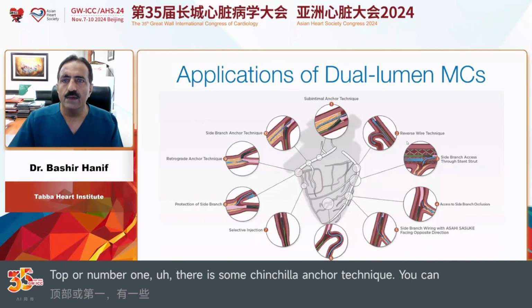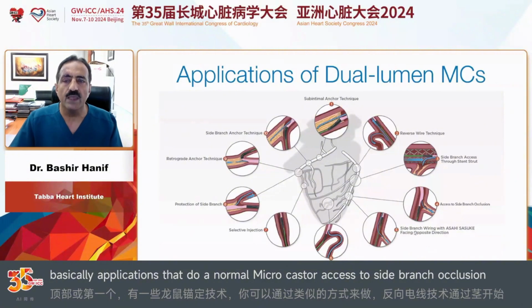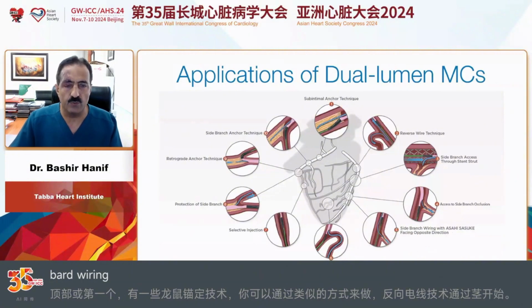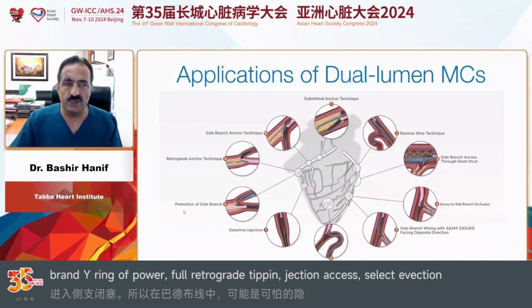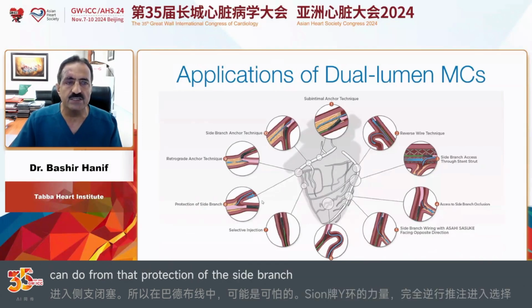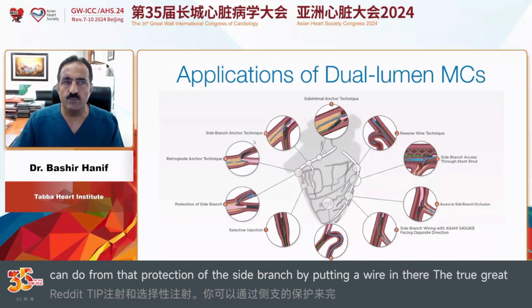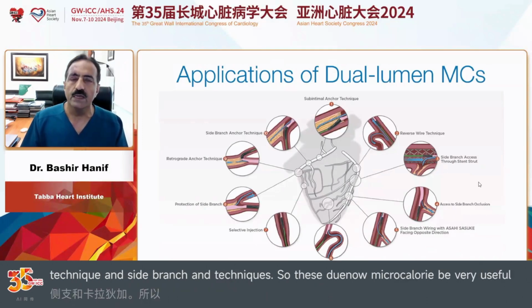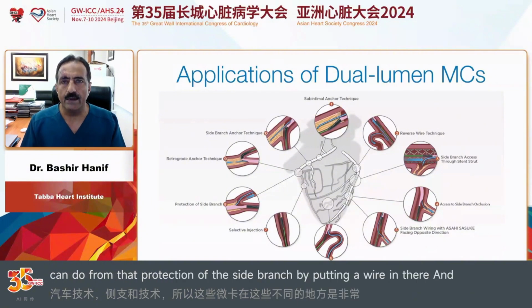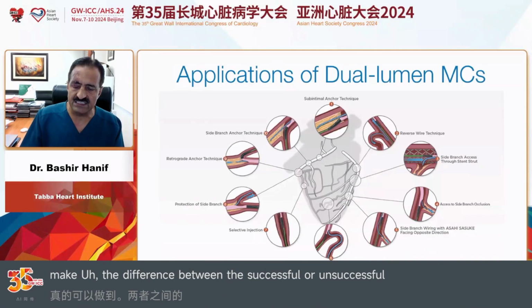Similarly, reverse wire technique, side branch access through the stent struts, access to side branch occlusion, side branch wiring, retrograde tip injection and access, selective injections, protection of the side branch by putting a wire in there, retrograde anchor technique and side branch anchor technique. So these dual lumen microcatheters could be very useful in these different situations, and could really make the difference between a successful or unsuccessful angioplasty.